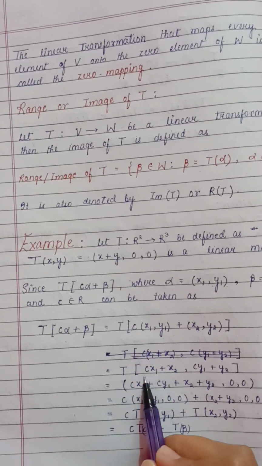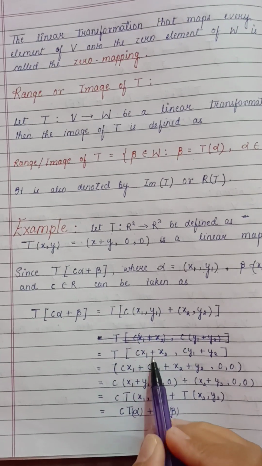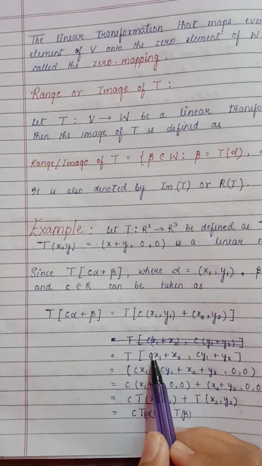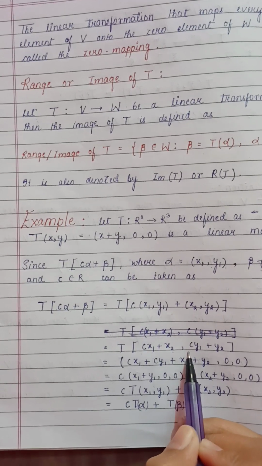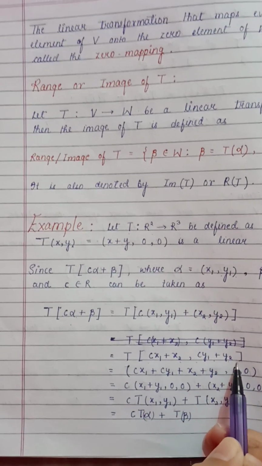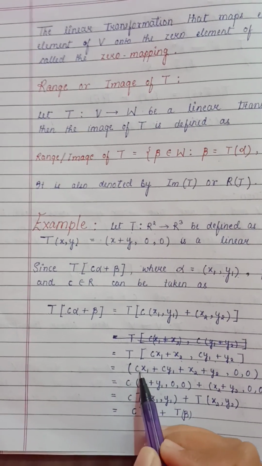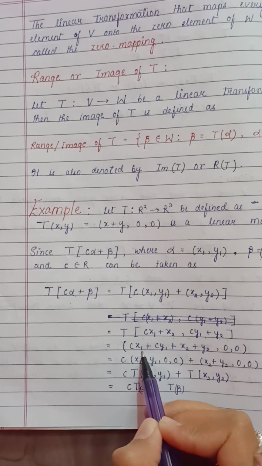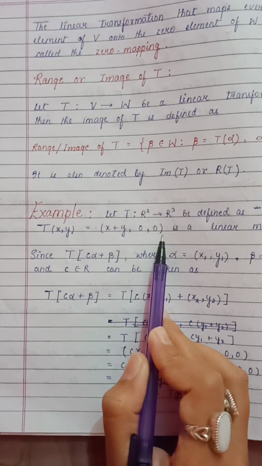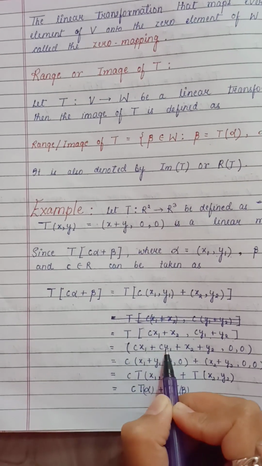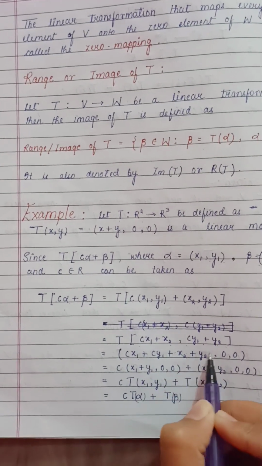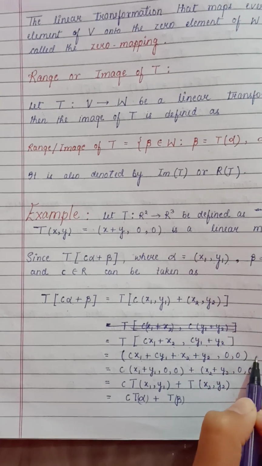In the next step, putting in the value of the transformation as given, we get (c x1 plus c y1 plus x2 plus y2, 0, 0).